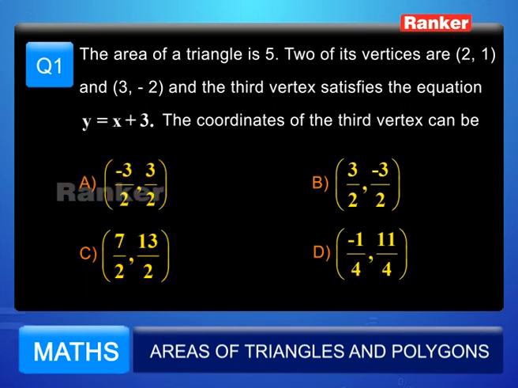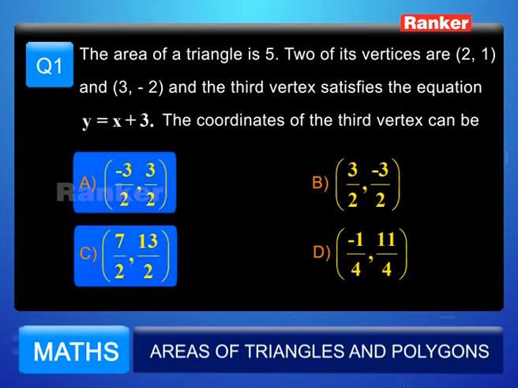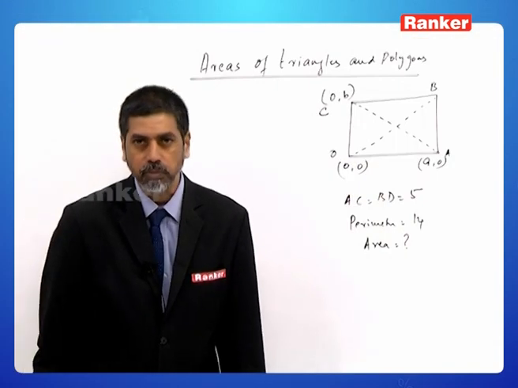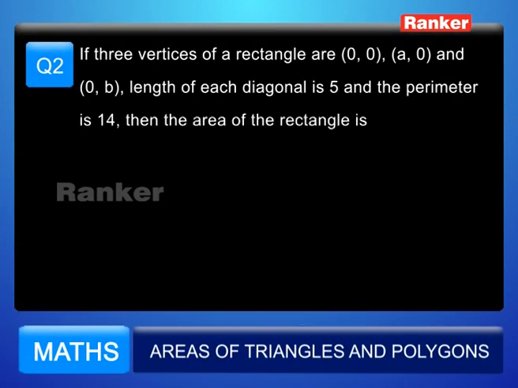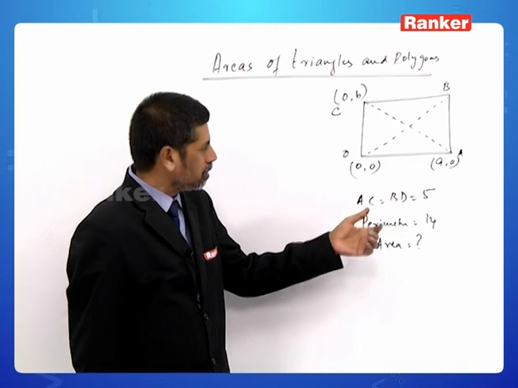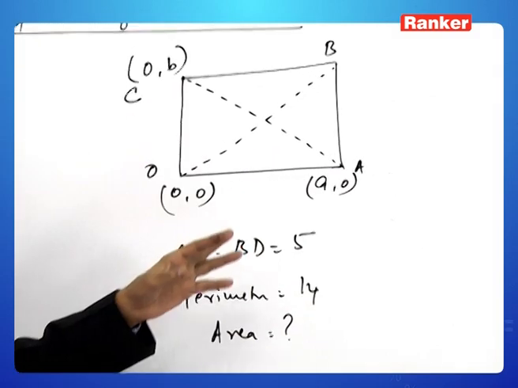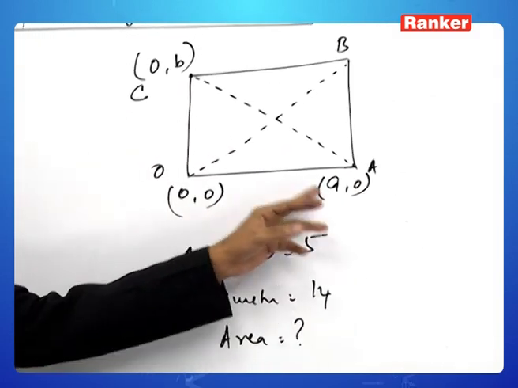So this is a problem with two multiple choice answers which are likely answers. This is a problem based on very simple mensuration properties and basic coordinate geometry. We have a rectangle, 3 of whose vertices are declared: origin, (A, 0), (0, B).